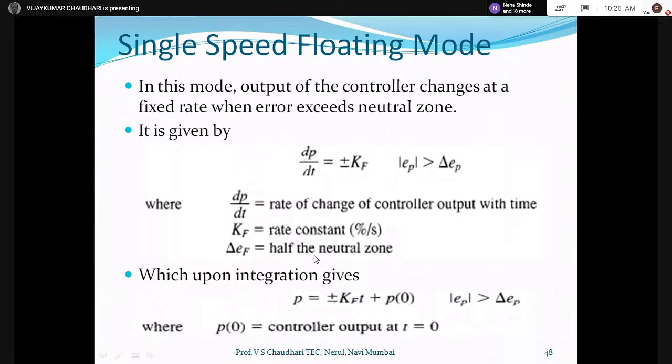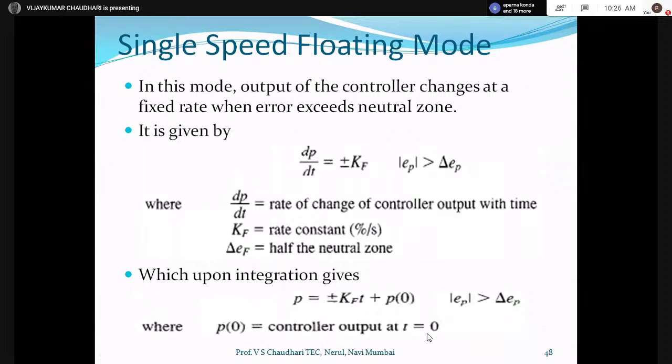If we integrate this equation, what we get finally is P is equal to plus or minus Kf into t plus P of 0. So we get the equation of the controller output for dp by dt equal to plus or minus Kf. The P of 0 is the controller output at t equal to 0.